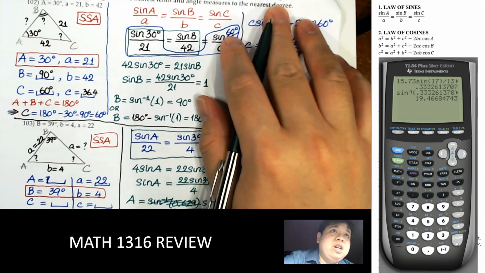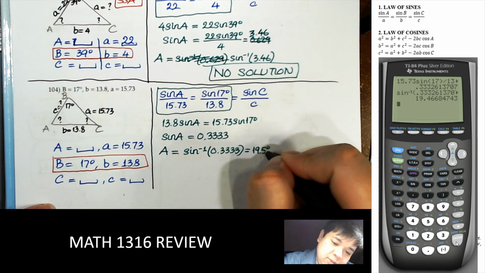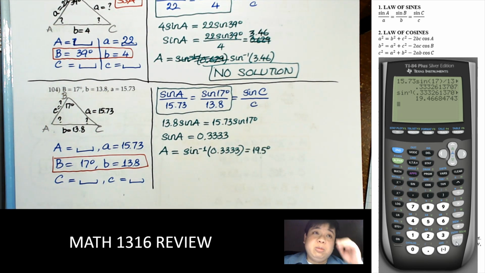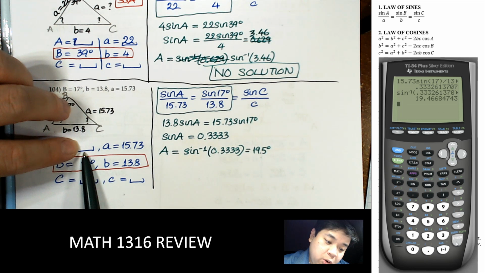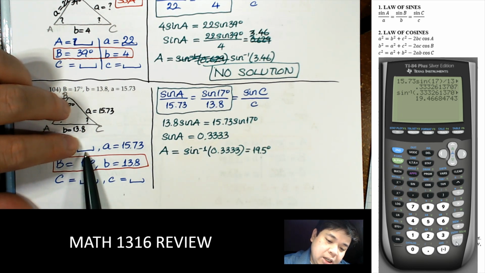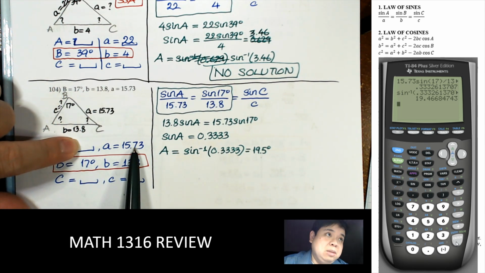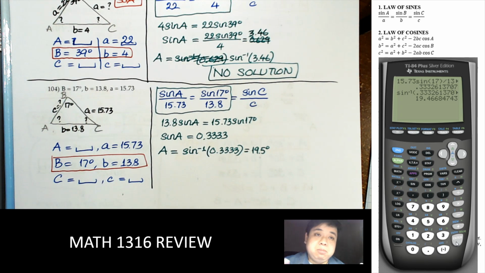They do one to the nearest degree, so that's 19 degrees. That's right, just 19.5. Right. So if A is 19.5, it looks reasonable now because 19.5 is bigger than 17 and the side is bigger than 13.8, so that makes sense.